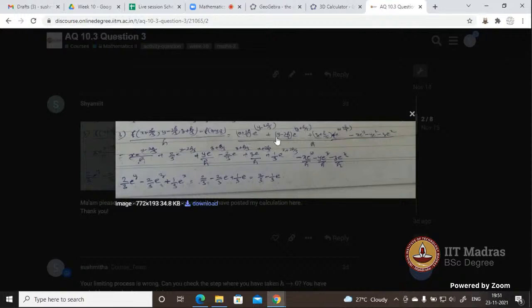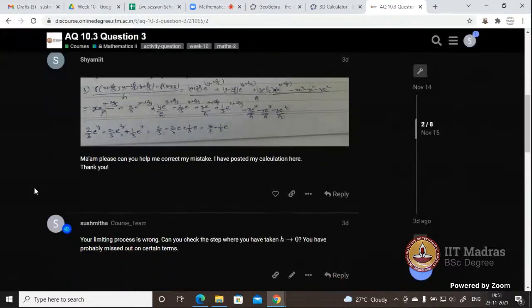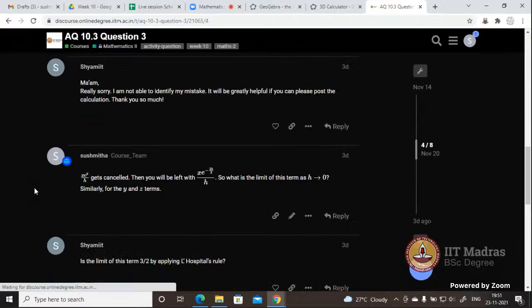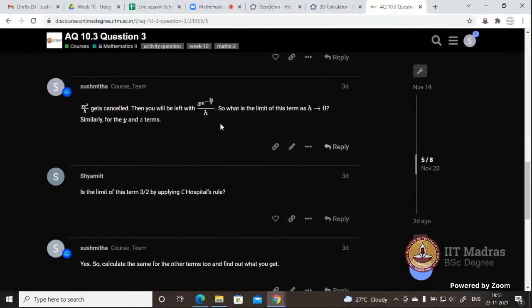Yeah, the terms here will get cancelled with the terms here. So this is exactly what we did. Okay, so there was a mistake in his calculation, which I said, yeah, these two terms get cancelled, and then the term that is left.